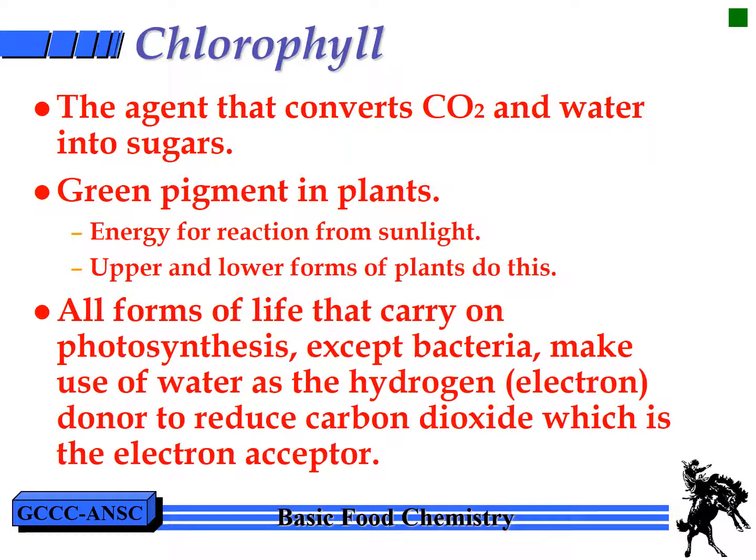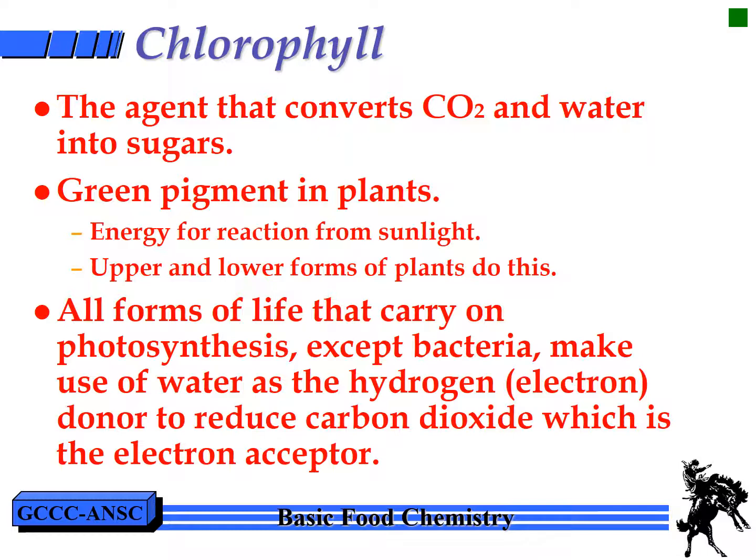But a plant that does contain chlorophyll, like a vegetable or fruit, has that catalyst, the agent that converts carbon dioxide and water into sugar. It's a green pigment found in plants, and it also converts energy from sunlight in the reaction to produce that sugar, which is glucose.